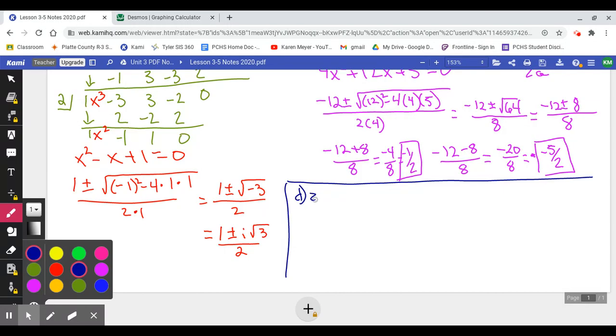So that means -2 is going to count 3 times. So you are going to have to do synthetic division 3 times with -2. And I'm so sorry I wrote so big and I'm running out of space, so I'll try to squeeze it in here for you.